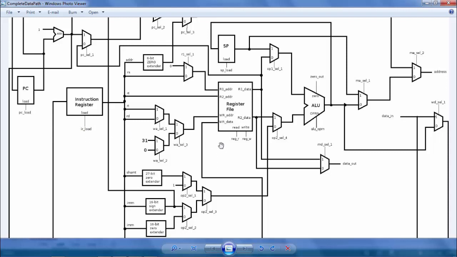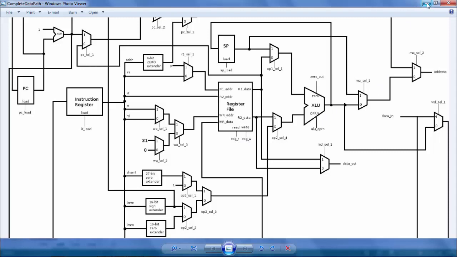We don't want to overwrite the stack pointer at this point, so we keep it 0. And also we don't want to write anything, so we want to put the register file in a non-write mode, which means register write must be a 0. Now we could put it in read mode, which probably won't harm in any way, but since our register file has a hold mode, I would suggest making it into the hold mode.